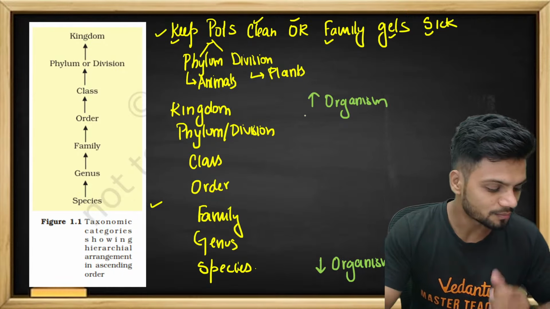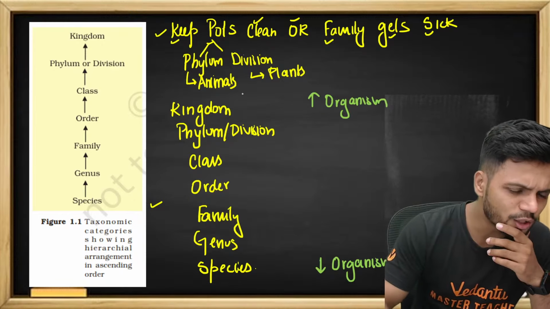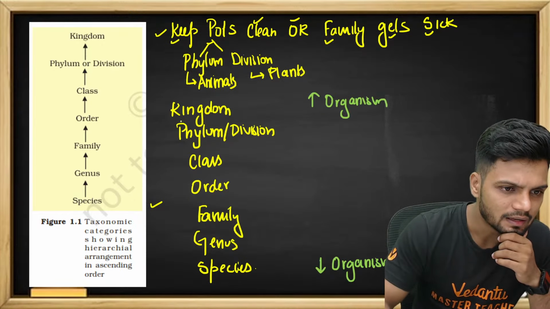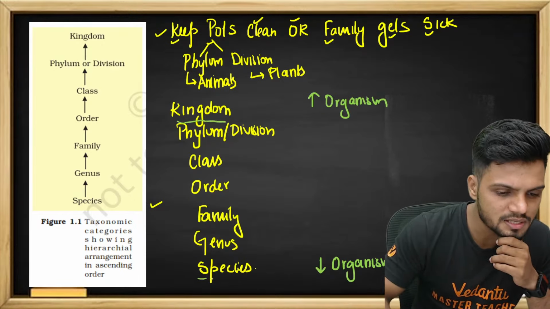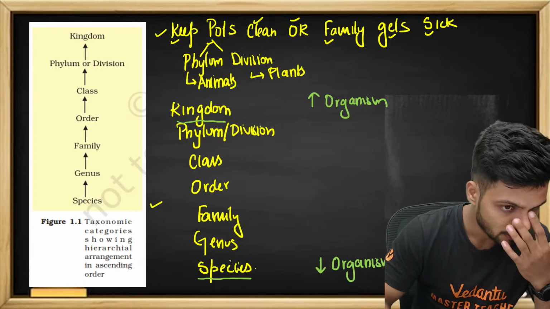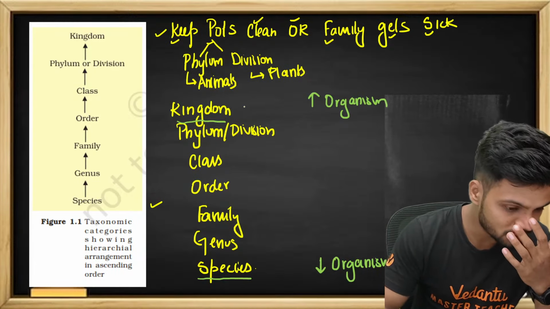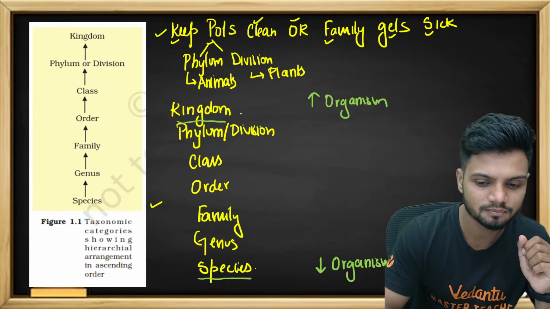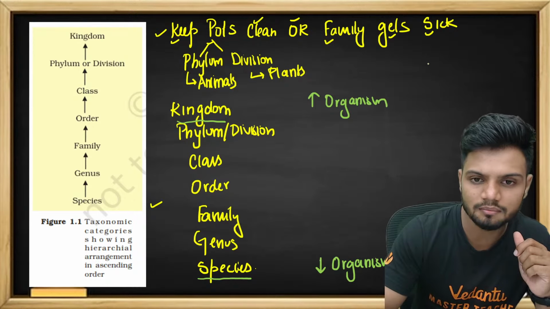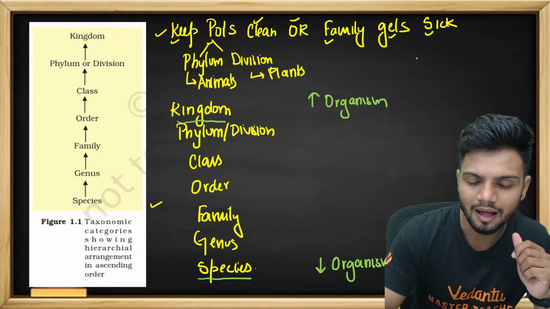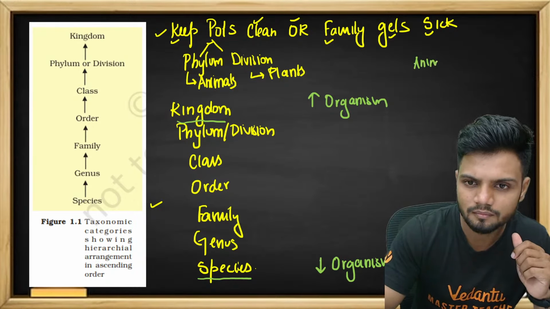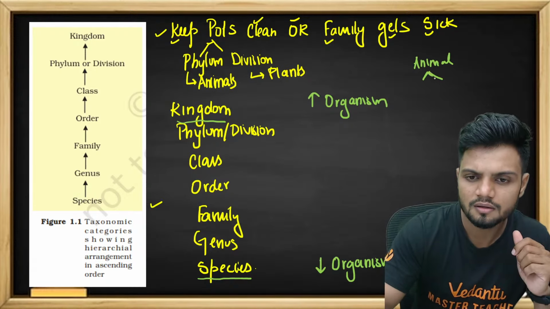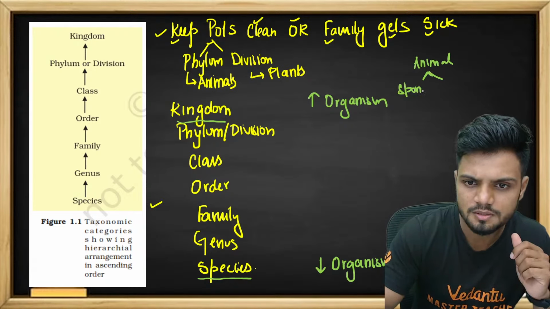Okay. Now tell me, where do you find more similarities? At kingdom level or at species level? At kingdom level, do you think there are common features, more similarities or fewer similarities? See, for example, in the animal kingdom, we have sponges.